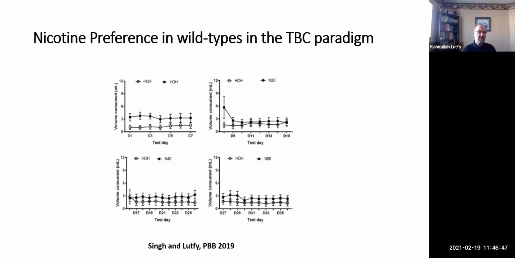So when you increase the concentration of nicotine, even with 20, we put 20 microgram per ml solution of nicotine, the animals, which initially were preferring this side over the other side, the moment we put nicotine on even the preferred side, you see that the first day they are okay.